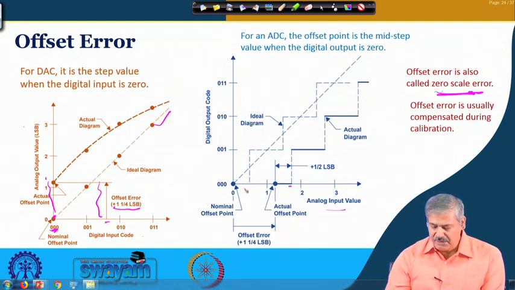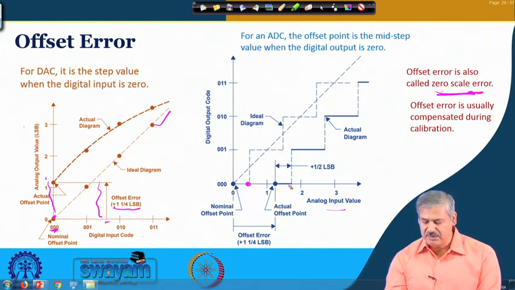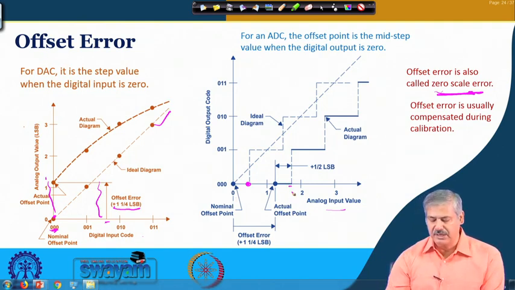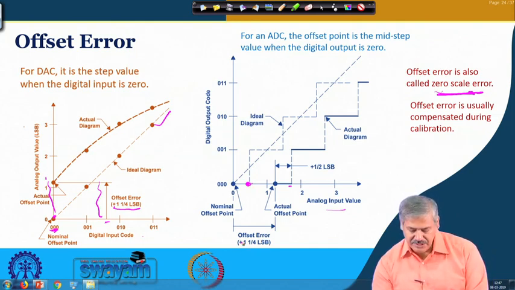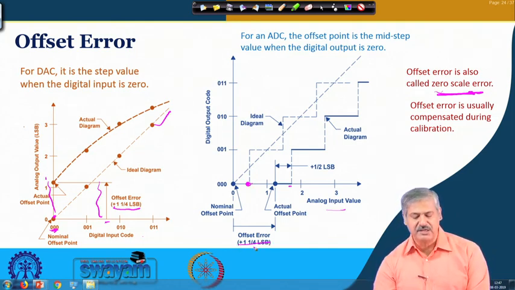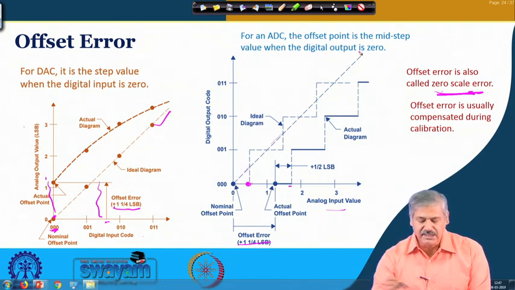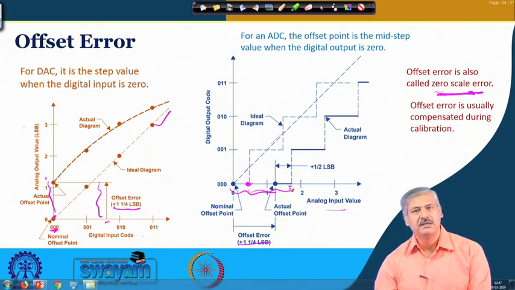And the mid step value is somewhere here, and the corresponding mid scale value will be somewhere here. So if you just note the difference, this is what will give you the offset error, because this is following this line. So either you take from this to this or from this to this.